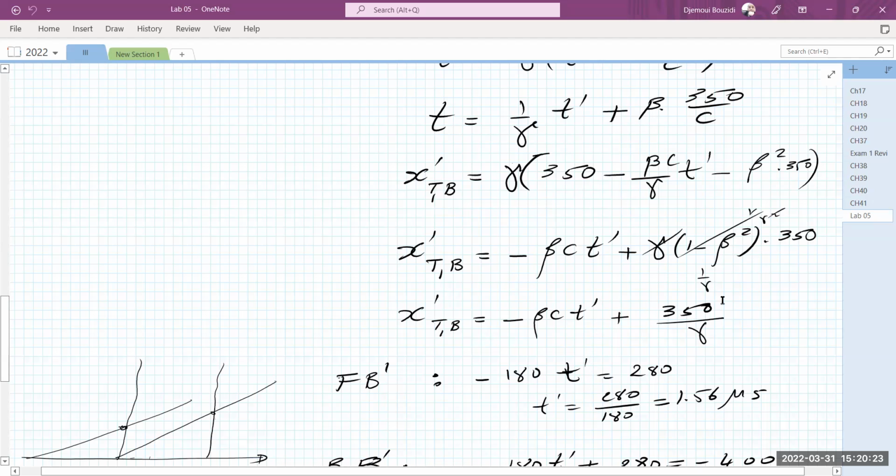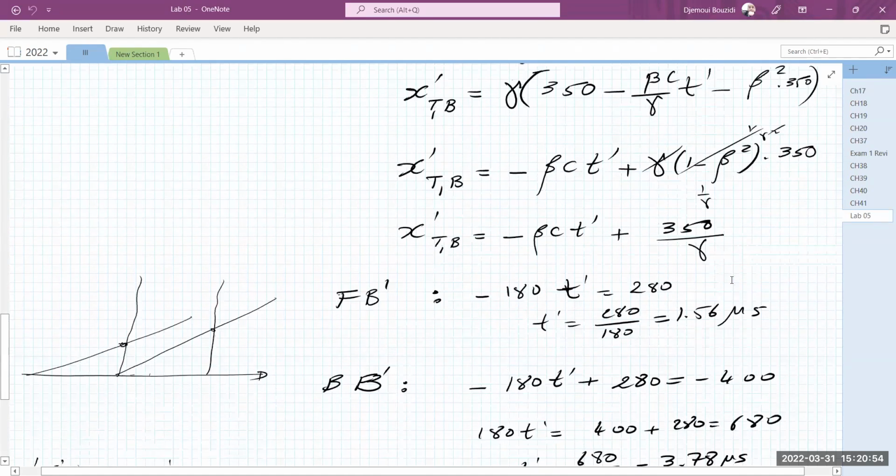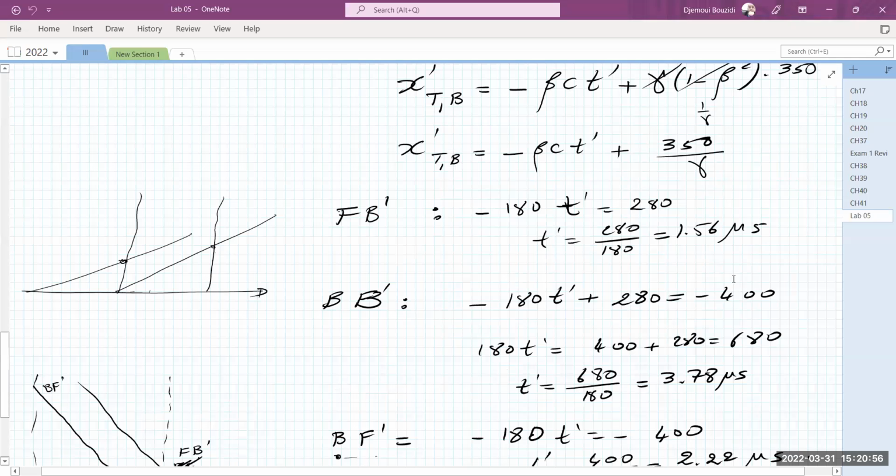So this is the equation for the back of the station as it's moving in time, in our registered time, with our marking of the coordinates, and in the front of the ship now, this whole thing is equated to 0. And this gives me a solution for a time of 1.56 microseconds. So of course, the front of the station is moving to the front.